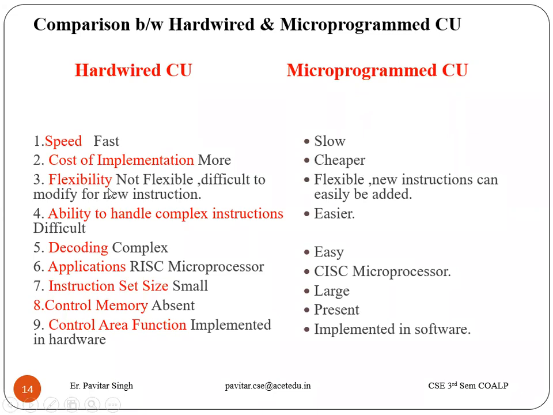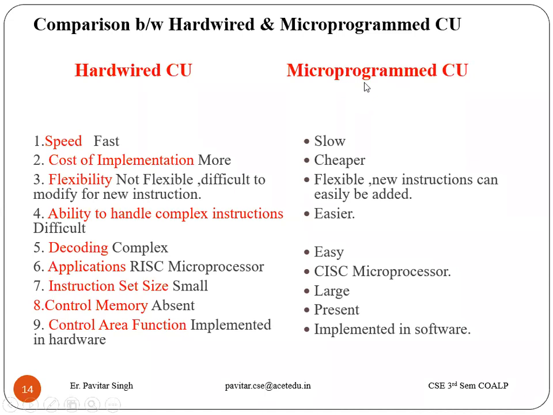The third attribute is flexibility. Hardwired CU is not flexible and is difficult to modify for new instructions, because you need to change the wirings and circuitry if you have any error.